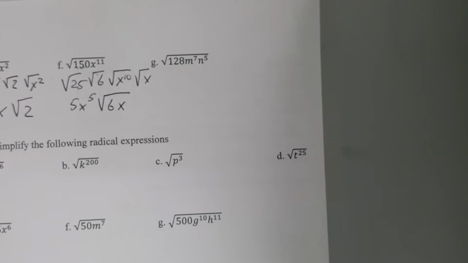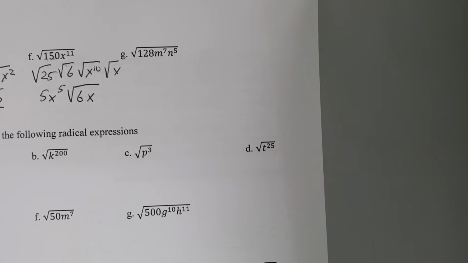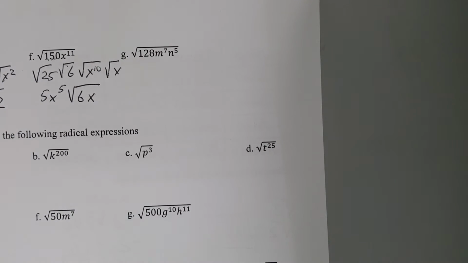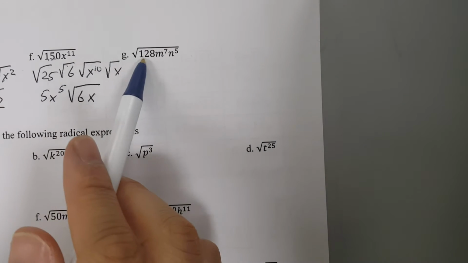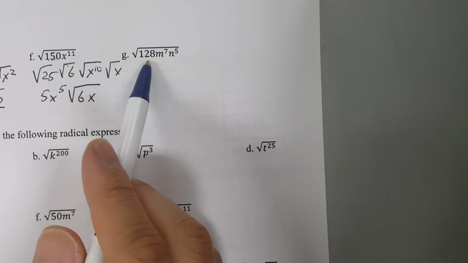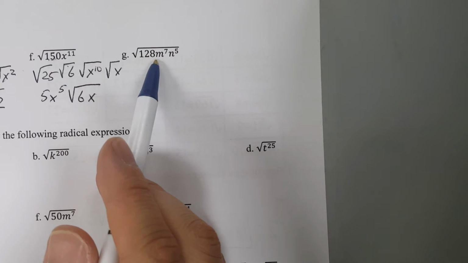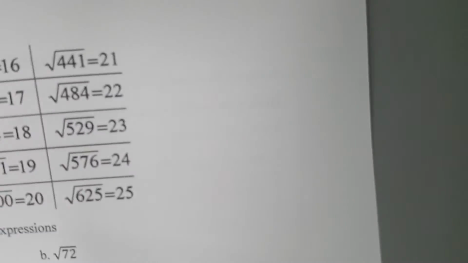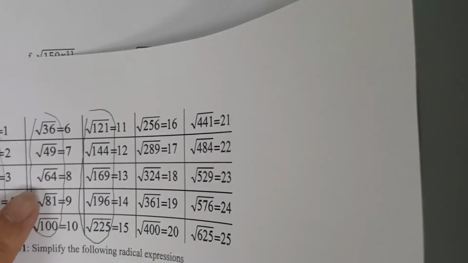Okay, let's look at letter G. 128 m to the 7th, n to the 5th. Now 128 might be a little harder to do, but the first thing, if you don't know, always divide it by 2. 128 divided by 2 is 64, which is one of the perfect squares, right?